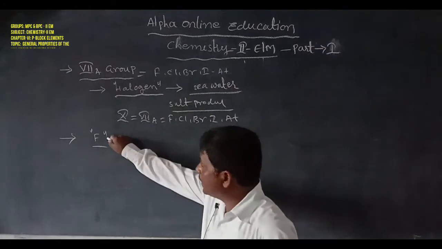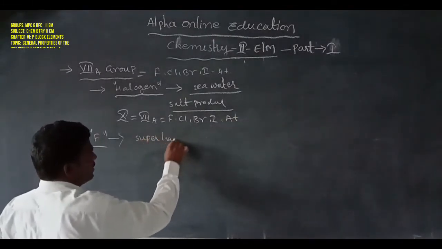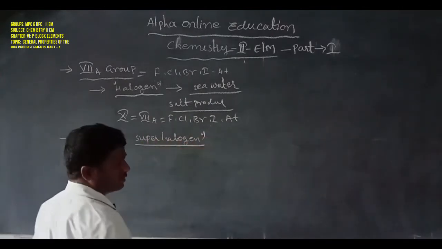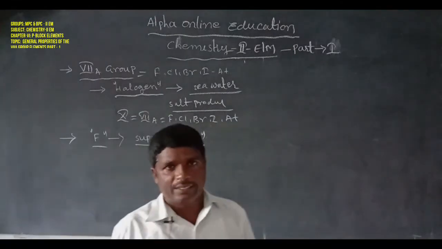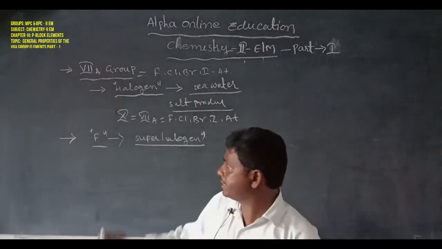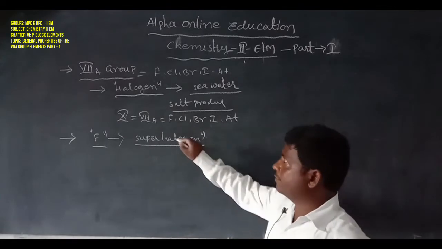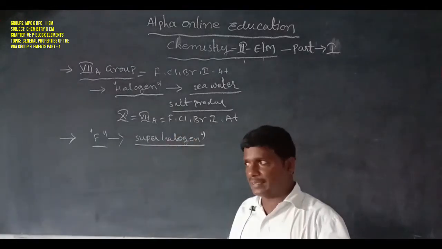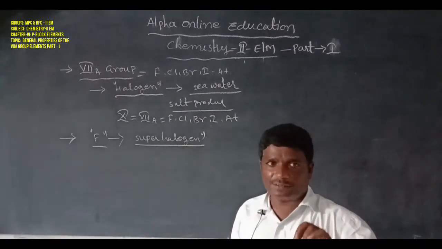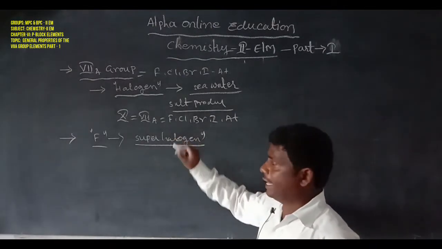Because in the 7th A group, fluorine is the most reactive, reacting with all elements in the modern periodic table, it is called a super halogen.